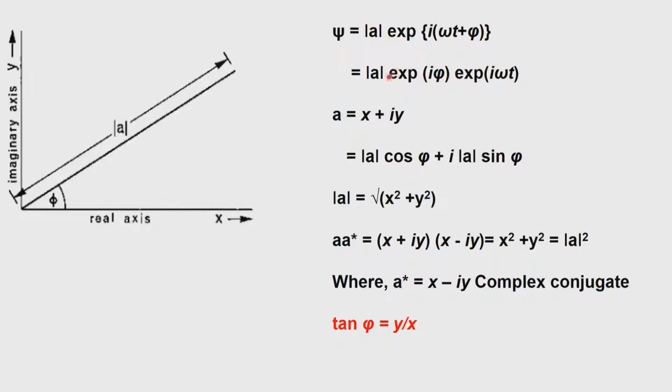If you consider this quantity A, as we already saw, it has two components, the cosine component as well as the sine component. So, we express the value of A as equal to x plus i y. The value of x is modulus of A cosine phi, and the value of y is modulus of A sine phi.